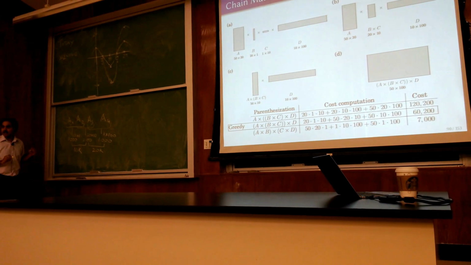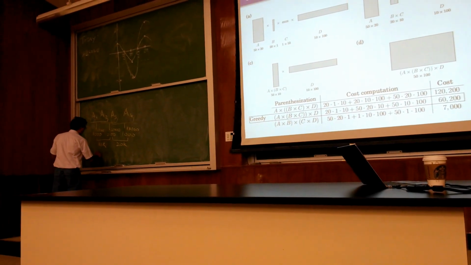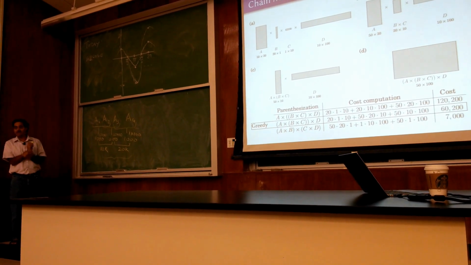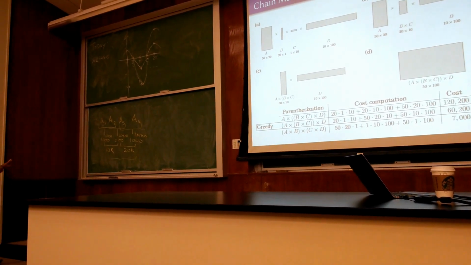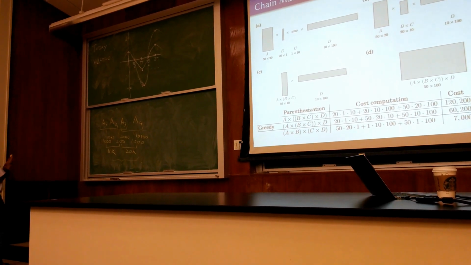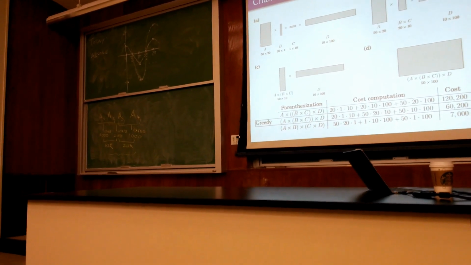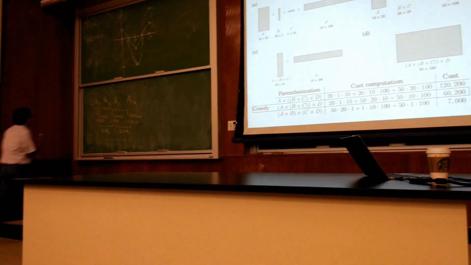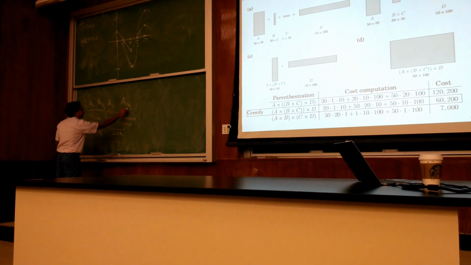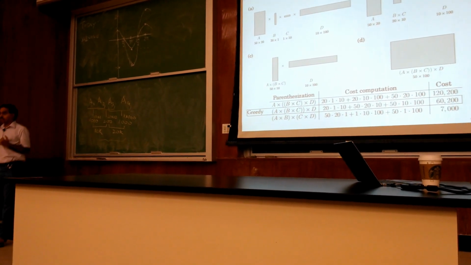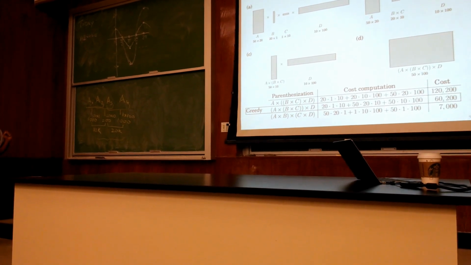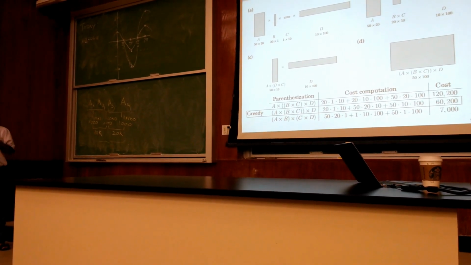Now I come to the last point, which is to look at everything. To look at everything, I have 3 choices to consider. I can take A1 times A2 and A3 times A4. For figuring out how to do the 4-way multiplication, I need to pick a dividing point.